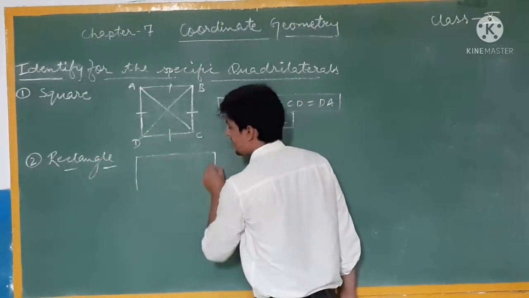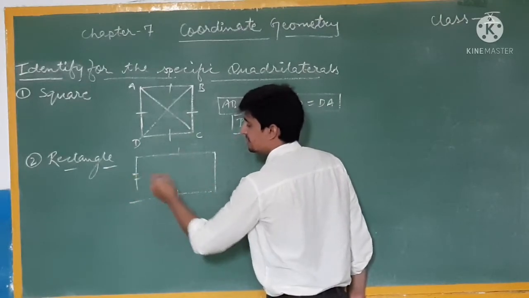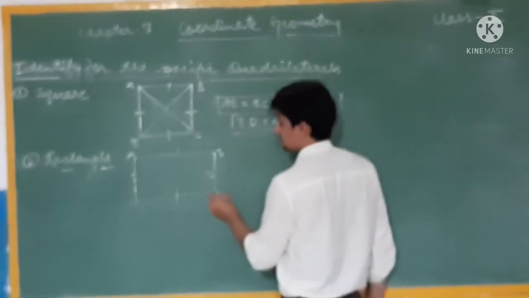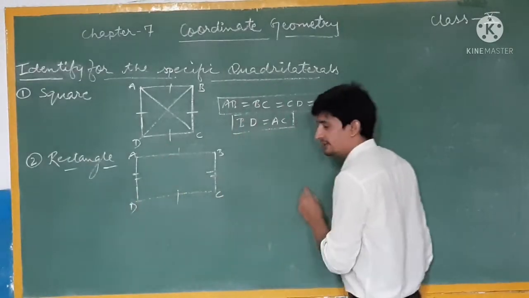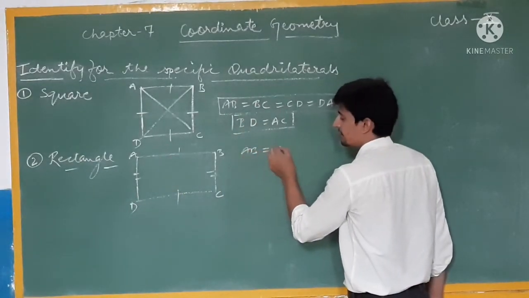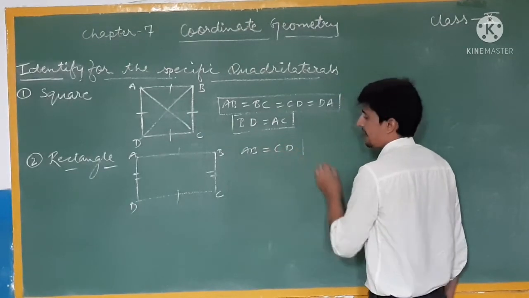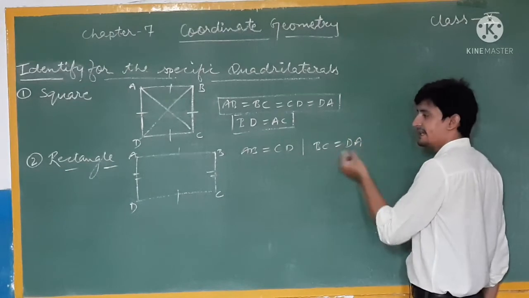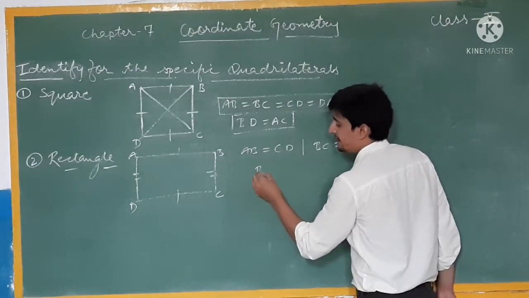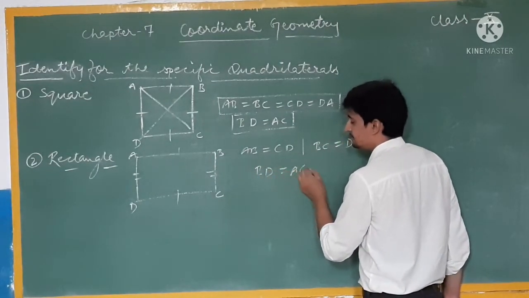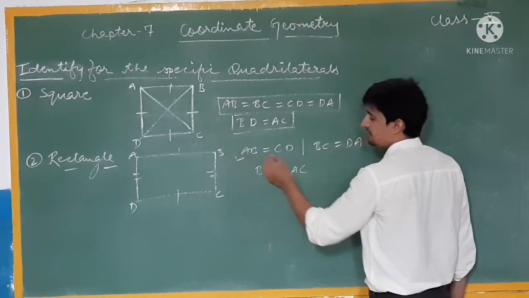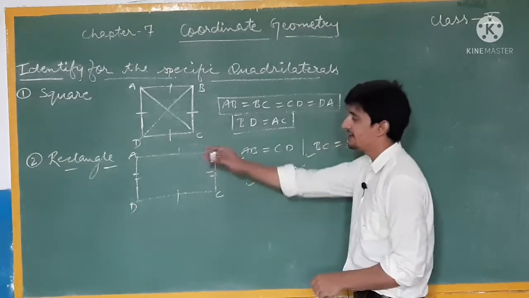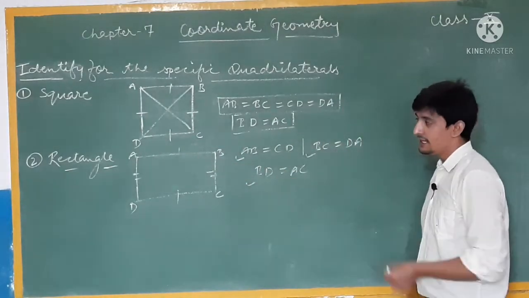In a rectangle, opposite sides are equal and diagonals are also equal. I can write AB equals CD and BC equals DA, or we can say AD, also BD is equal to AC. These are three conditions to prove a rectangle.